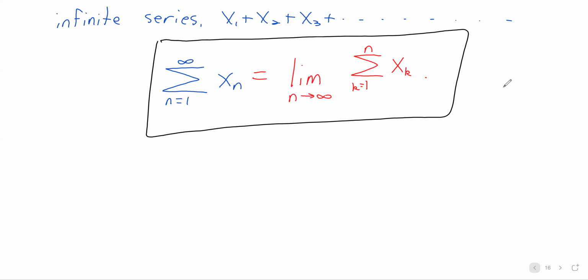But as an example of the problem that people like Leibniz were running into, they would look at series like this. So this is an infinite series. It goes on forever. And they'd ask themselves, does this converge? And if it does converge, what does it converge to?